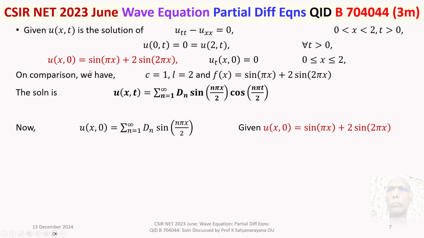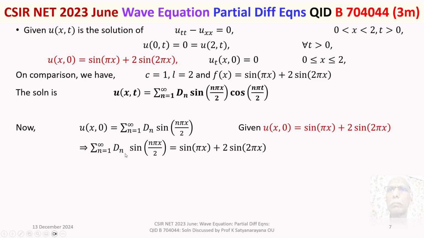But it is given in our problem that u at x comma 0 is sin pi x plus 2 sin 2 pi x. Therefore, these two must be equal. Sigma n is equal to 1 to infinity d_n sin n pi x by 2 is equal to sin pi x plus 2 sin 2 pi x. How do we get sin pi x in this expansion?